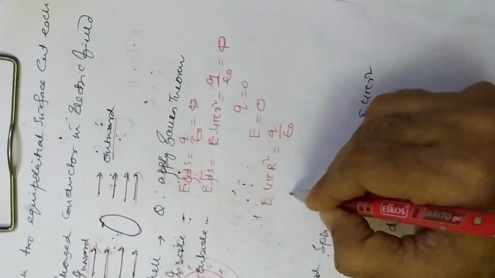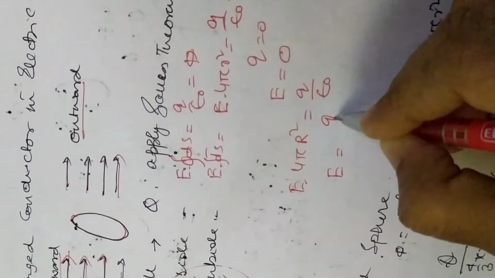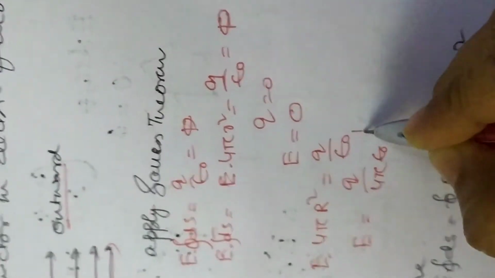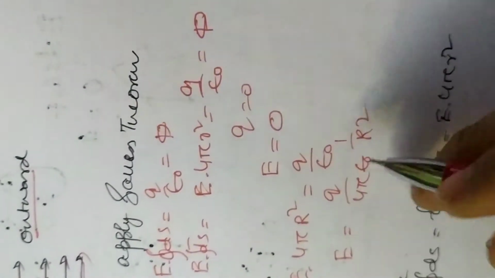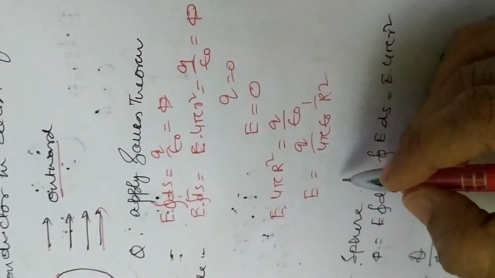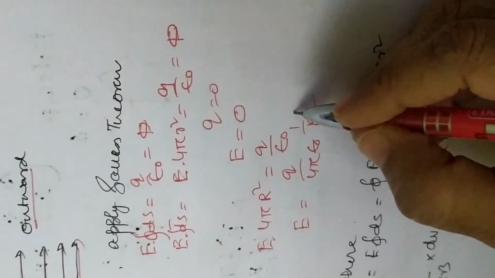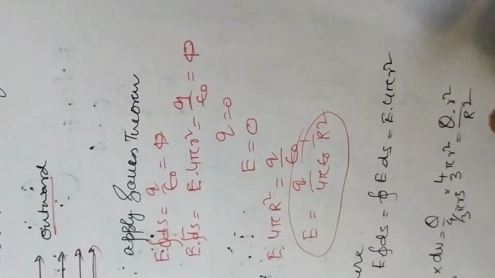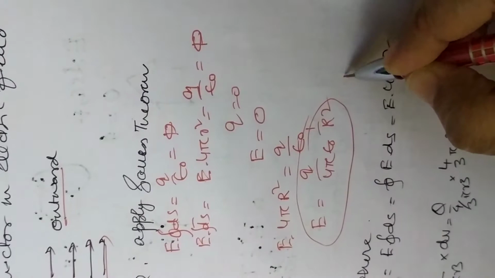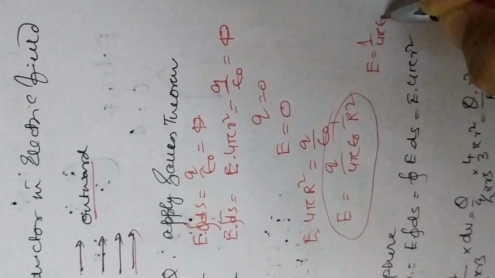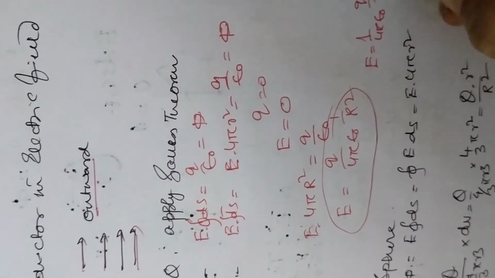So we can write E equals Q divided by 4 pi epsilon into 1 by R square. What does this indicate? This is the formula we used in Coulomb's law: E equals 1 by 4 pi epsilon Q by R square.